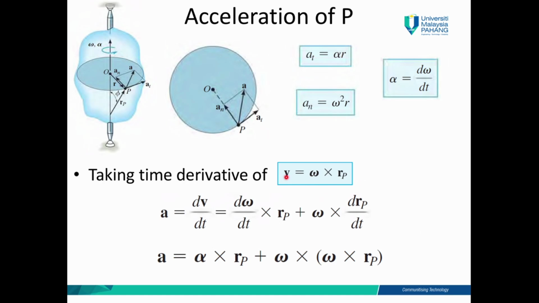The velocity vector is equal to the cross product of the angular velocity times the rp. So finding the derivative of this, you will get the derivative of omega times rp plus omega times the derivative of rp with time.